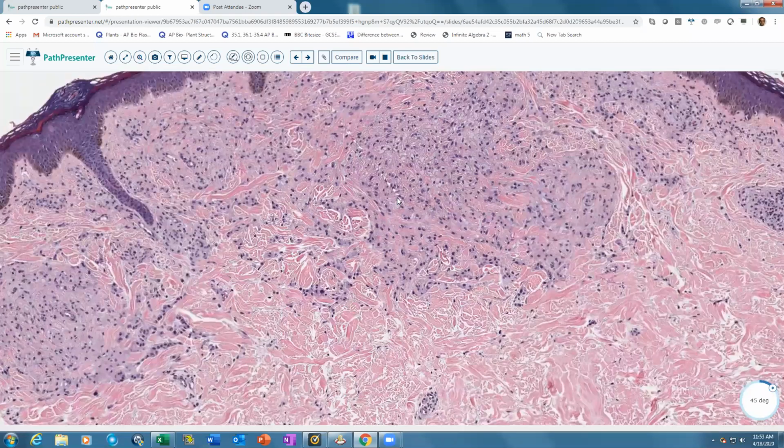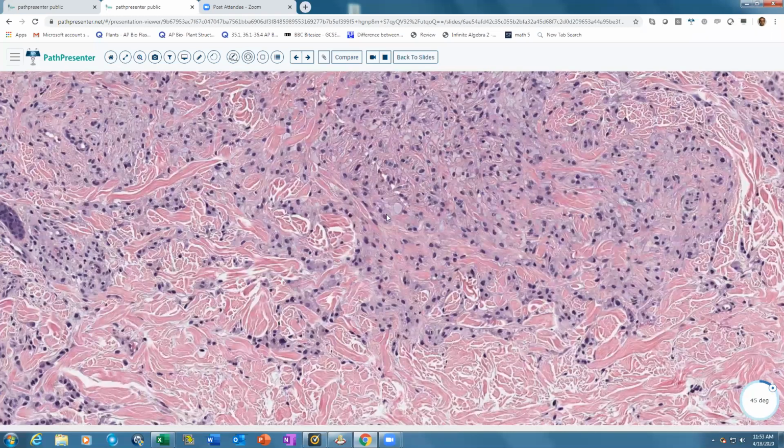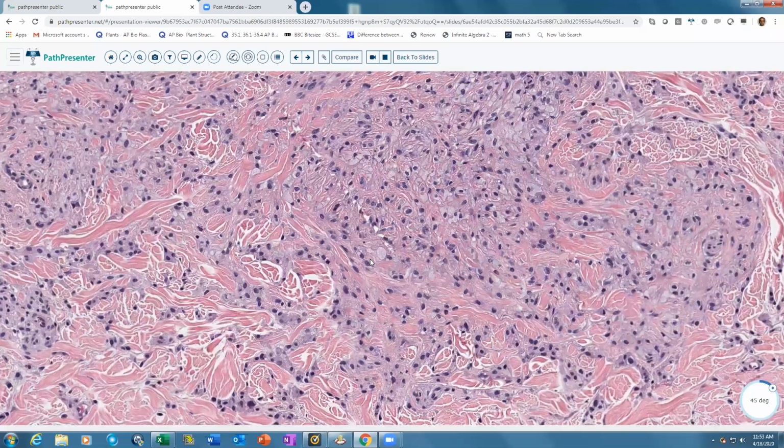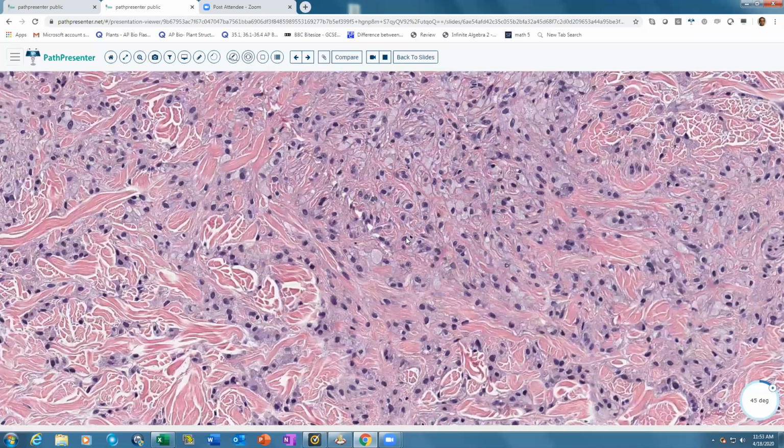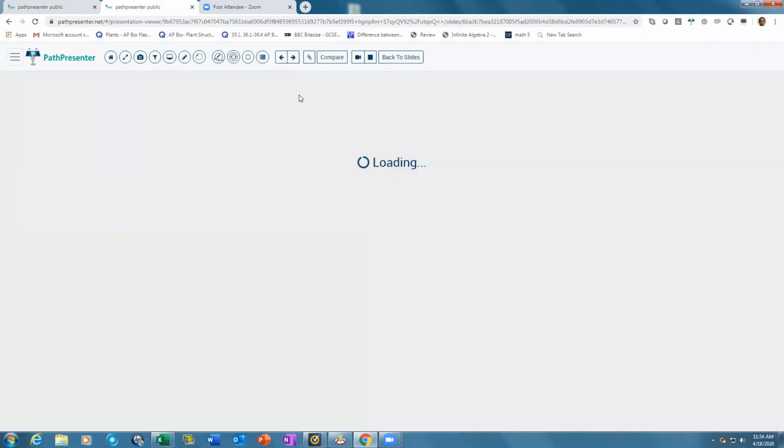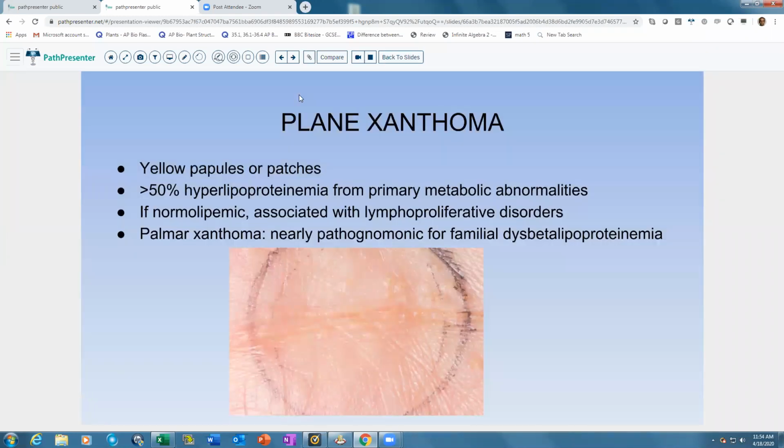And then you have to do a clinicopathological correlation to make the diagnosis of a tuberous or a tendinous xanthoma based on the location. And then also you make sure that the patient gets a lipid profile done. So you again see this collection of macrophages with some admixed lymphocytes. So that was the tuberous and the tendinous xanthomas.